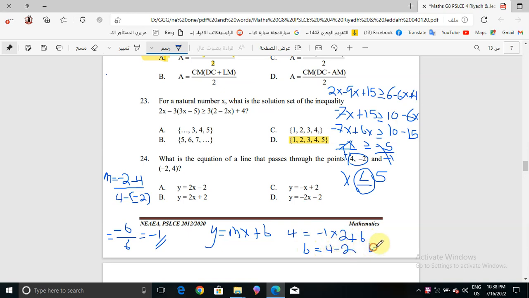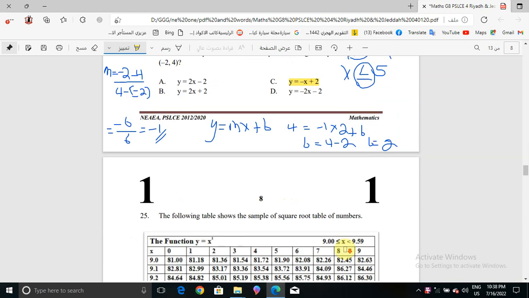Then b is equal to 2, and y is equal to negative x plus 2. So the correct answer for question number 24 will be y is equal to negative x plus 2.